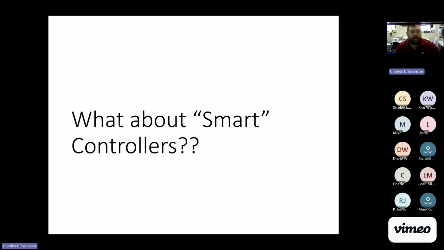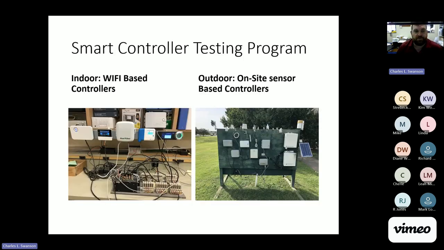Okay, and then where do controllers fit into this? Well, as I mentioned, we've been testing controllers since 2009 in our laboratory, and our lab has evolved with controllers over the years.